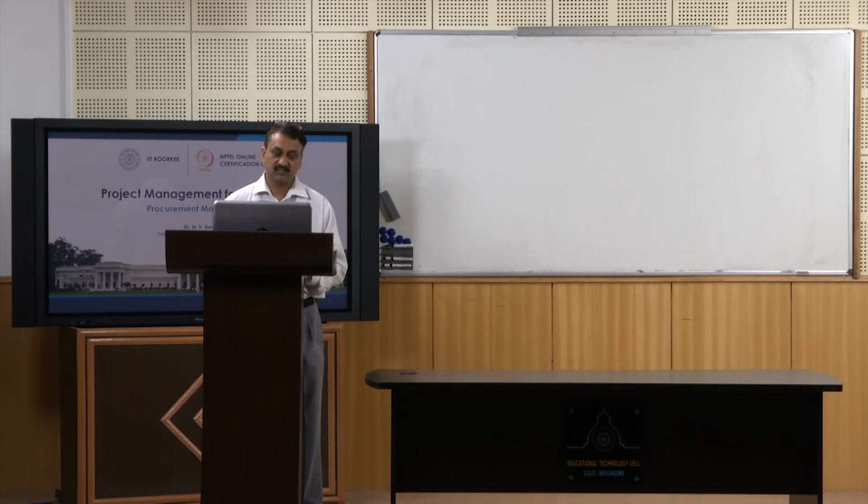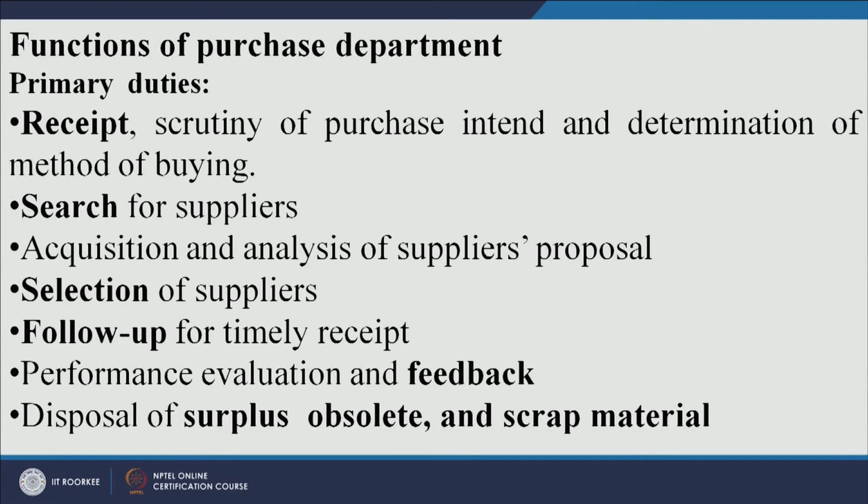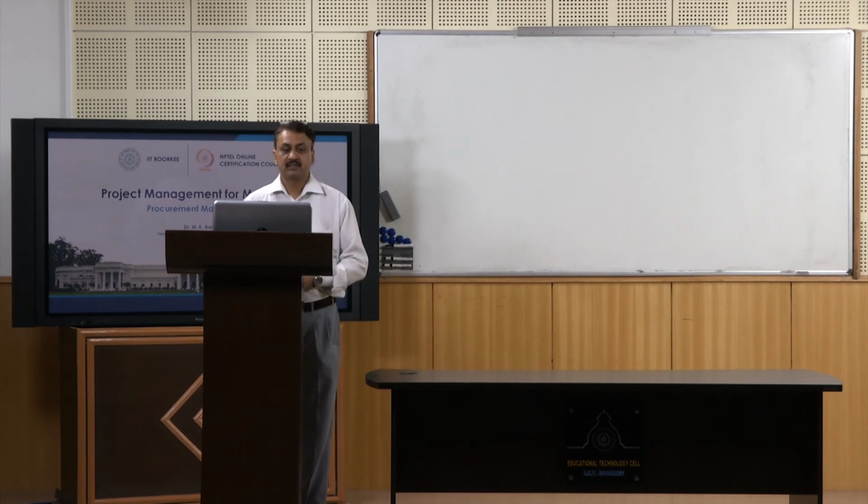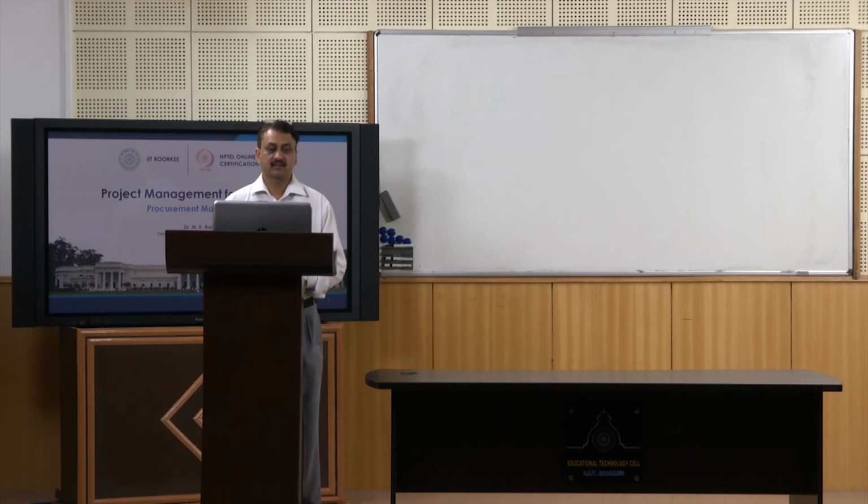So, you should place the order in time, you should follow up the order, and you should get things in time. Then disposal of surplus, obsolete and scrap materials. So, these are a couple of primary duties of purchase department. There are some other duties.